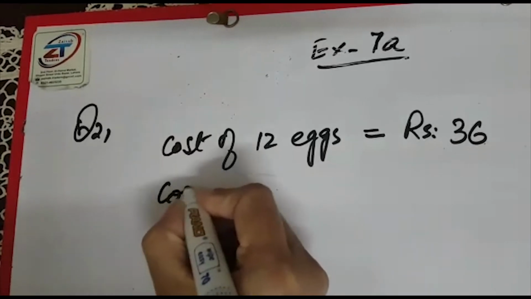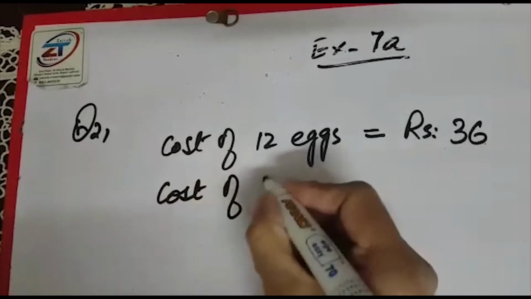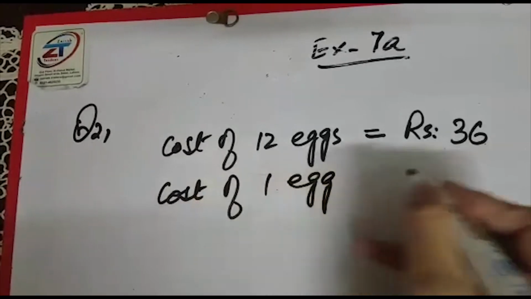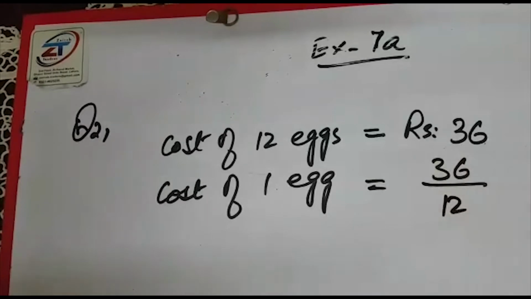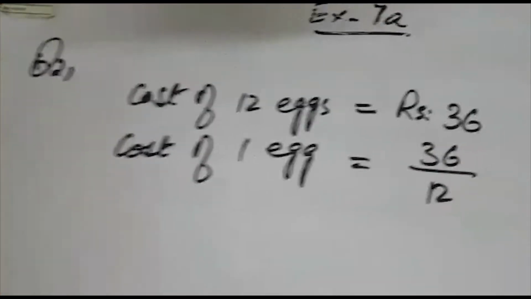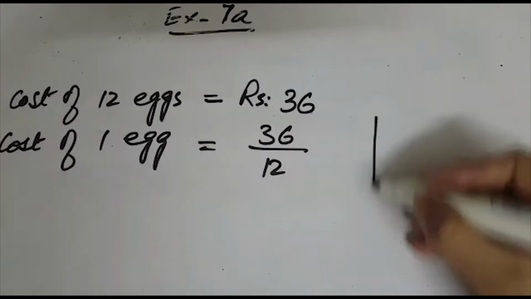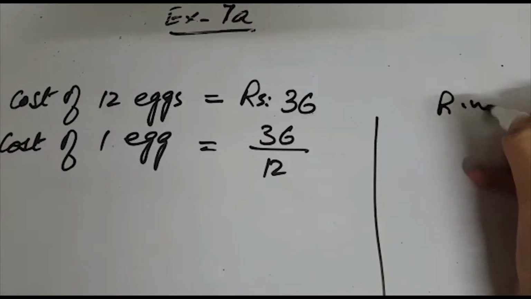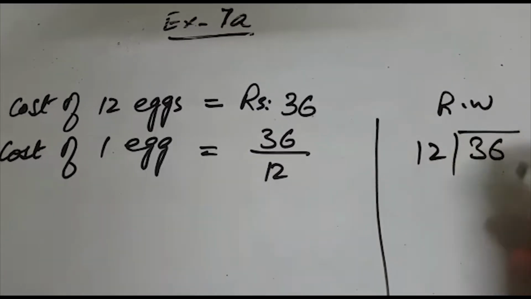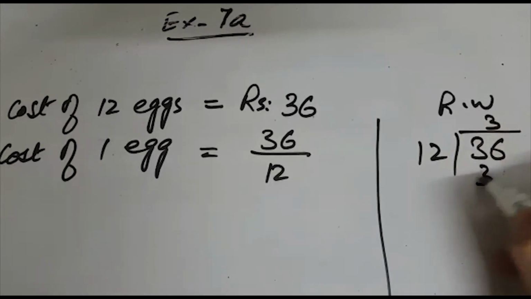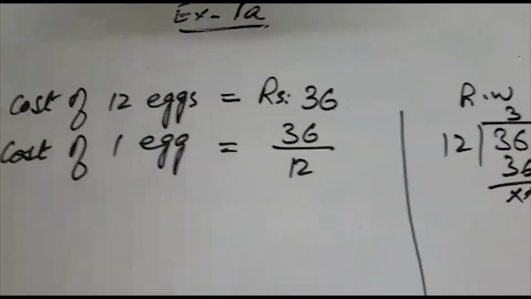Now the cost for 1 unit, or cost of 1 egg, is determined. You will divide 36 by 12 and you will get the cost of 1 egg, obviously. So make it rough work and do this division and get cost of 1.